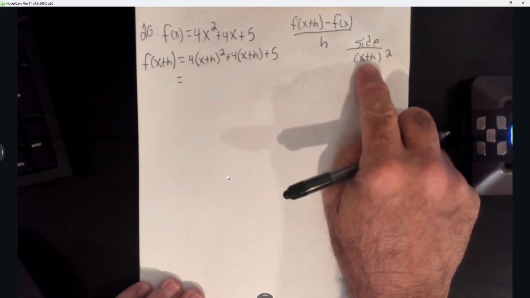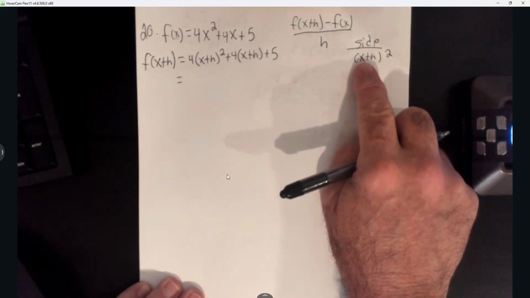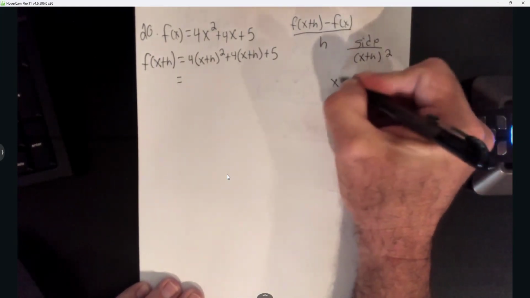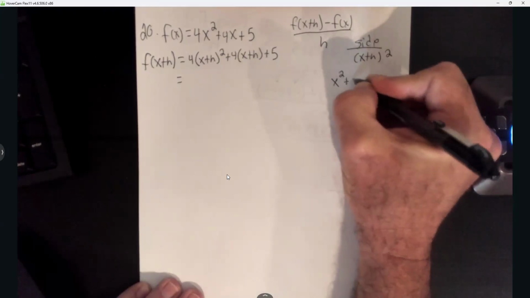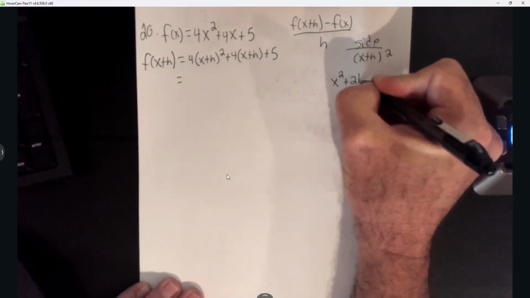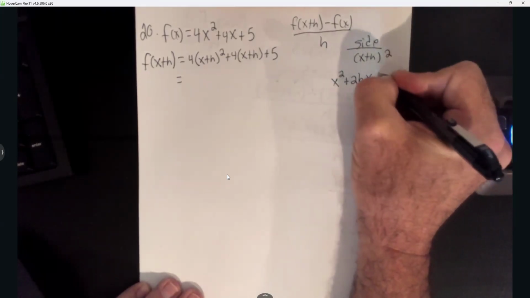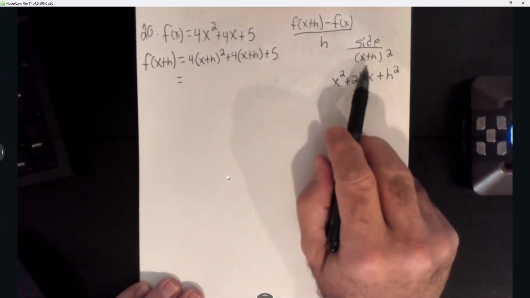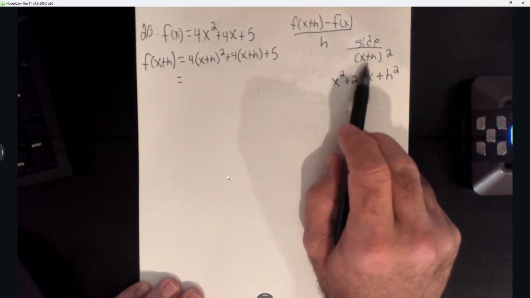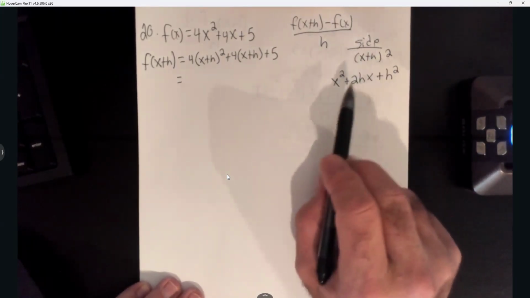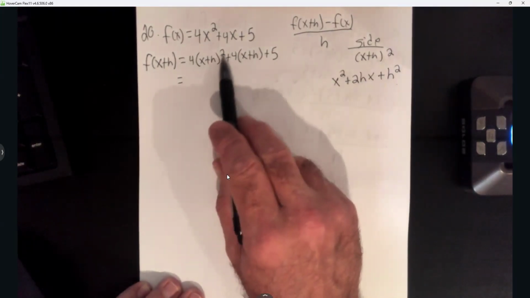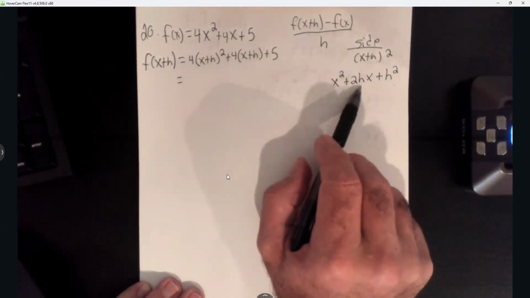Now, work this out on that video I sent y'all. But x plus h squared equals x squared plus 2hx plus h squared. So if you multiplied x plus h times x plus h, this is what you would get.